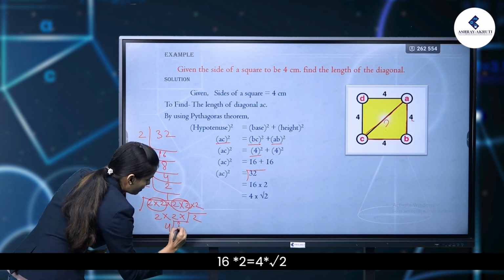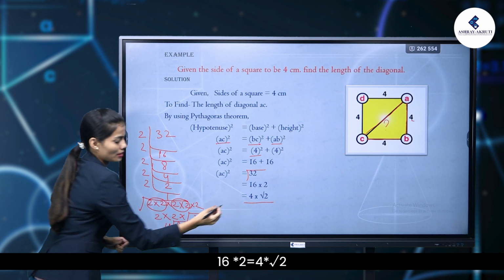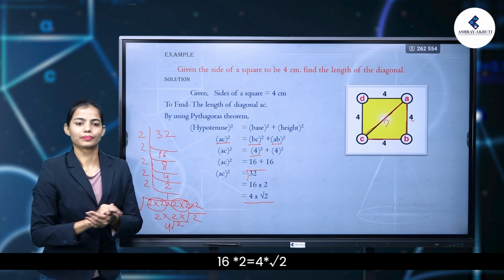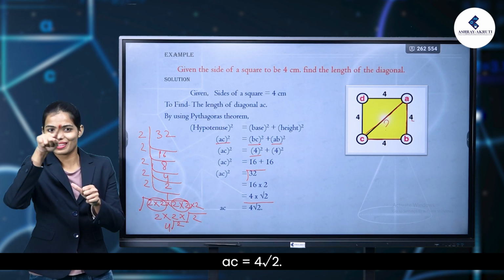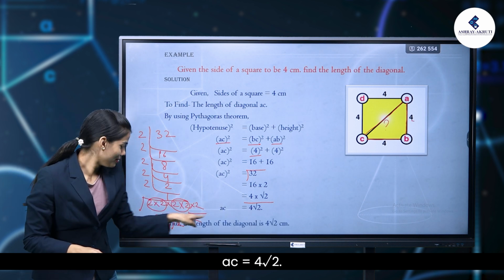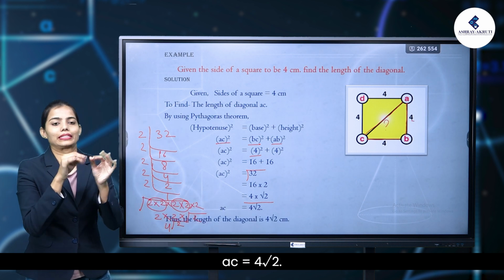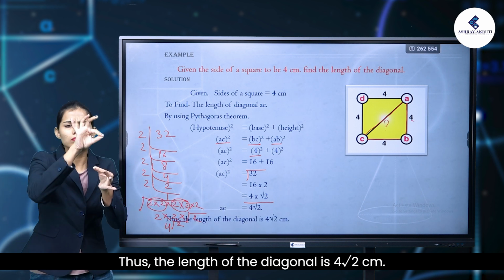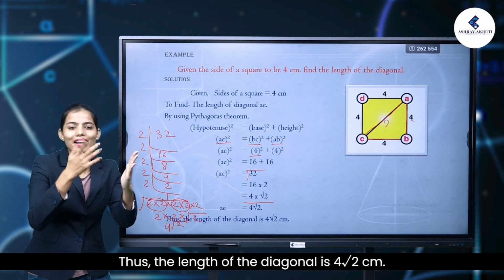Sixteen into 2 is equal to 4 into root 2. AC is equal to 4 root 2. Thus, the length of the diagonal is 4 root 2 centimeter.